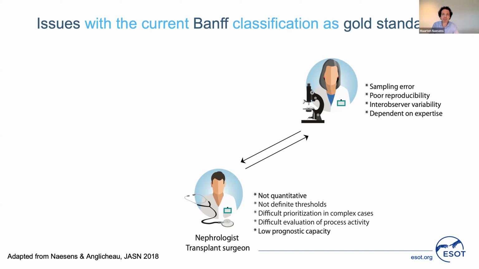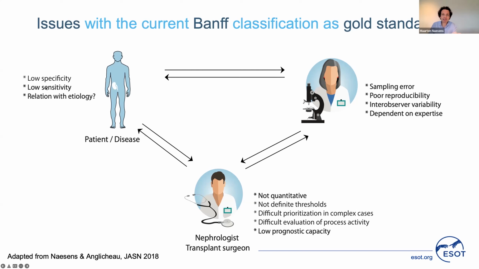So the same pathologist sometimes gives different scores to the same histological picture. And then finally, the relation between the injury scores that we can see in the biopsy and the underlying etiology is not always clear. And so all of this together leads to issues with the use of the current Banff classification by light microscopy.